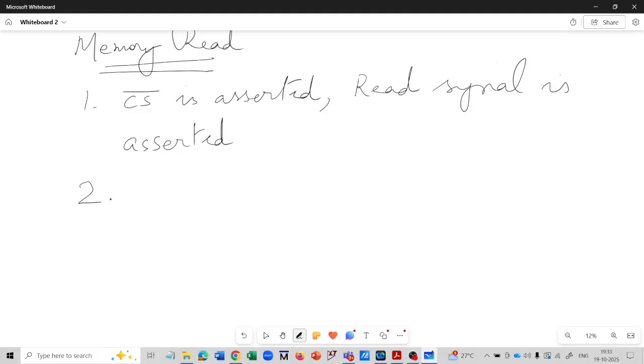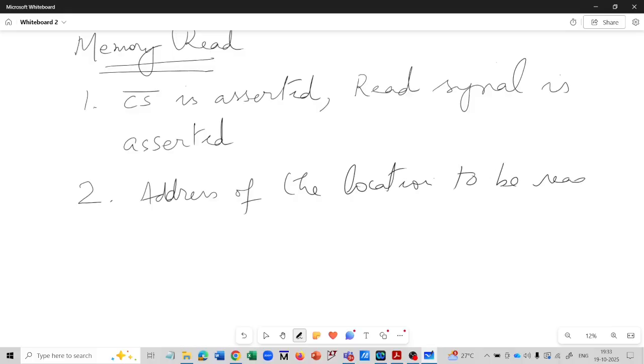Now, the address bits that form the address of the memory location to be read. For example, in the previous illustration, we considered that A13 to A0 are part of the memory location that is to be read. So the address of the location to be read from the memory is available in the lower order address bits.